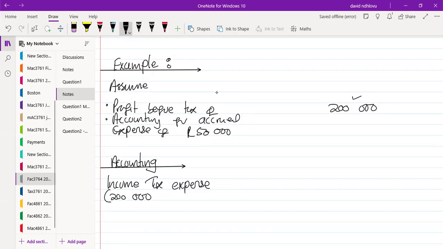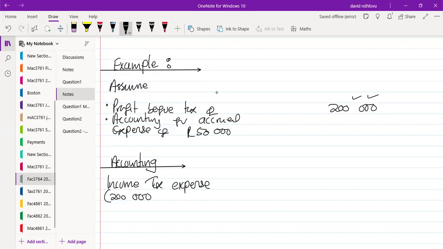Or let me use a different example, I'll give you another example just now. So let's say we have got 200,000 profit before tax. Then we will say, included in the profit before tax, are there any exempt differences? That is the question that we'll ask.